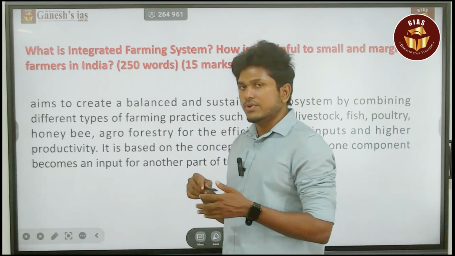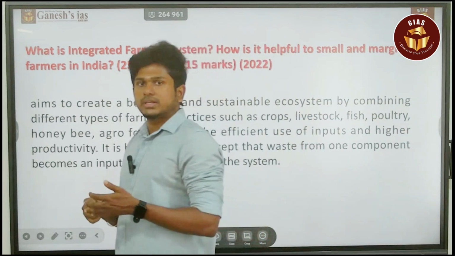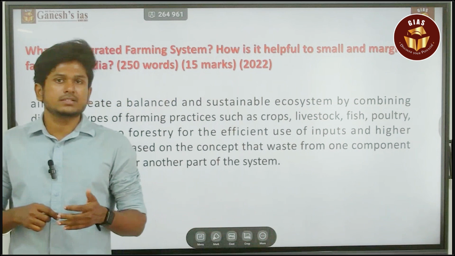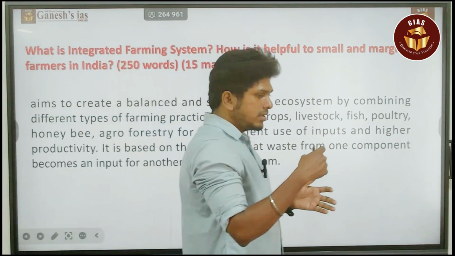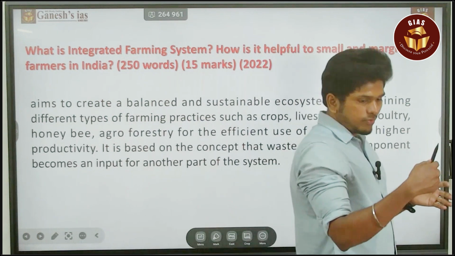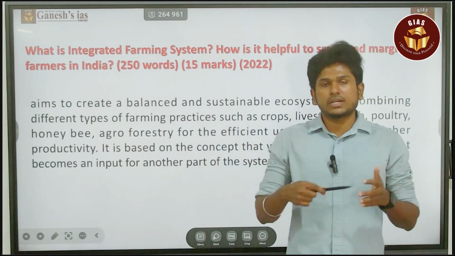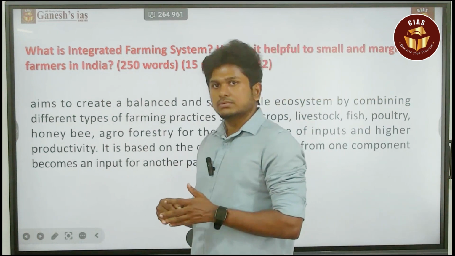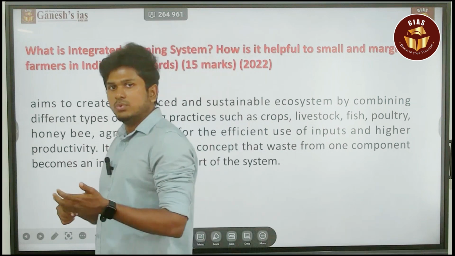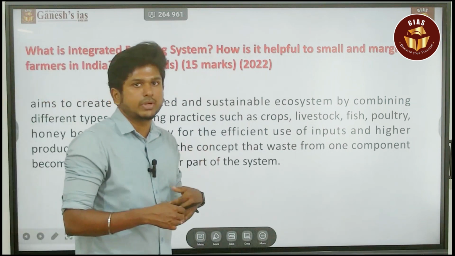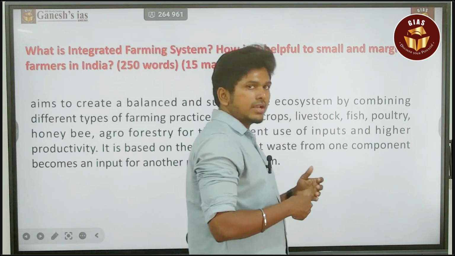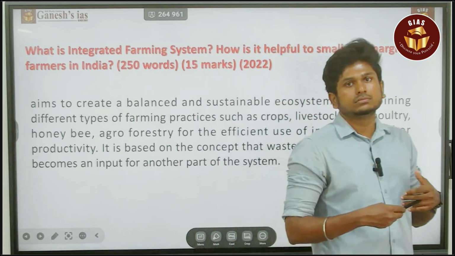At the same time, it will increase the productivity and also it will increase the income generation from all these things, because in crop cultivation you will get certain money, and also due to the fish farming you will get certain money, and also due to the poultry you will get certain money. So it will enhance your income.